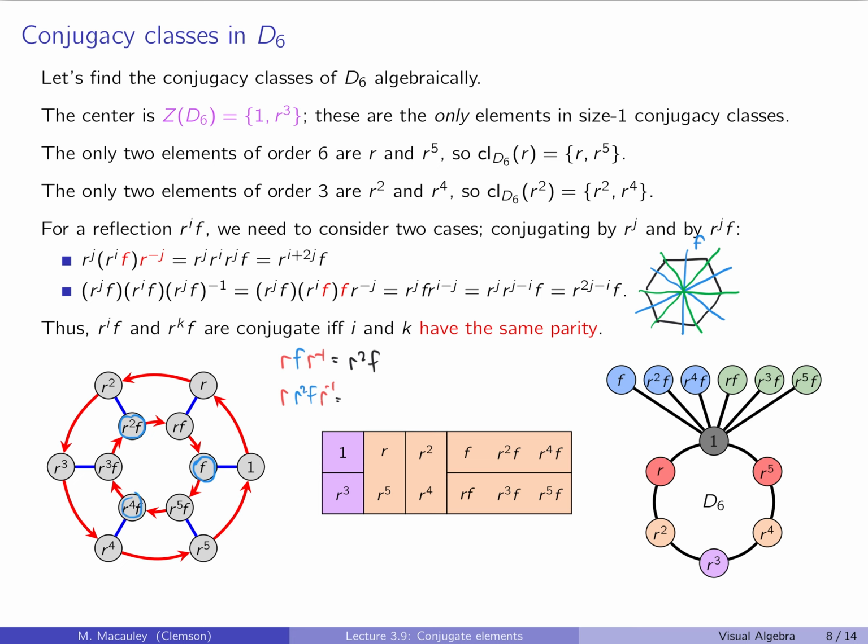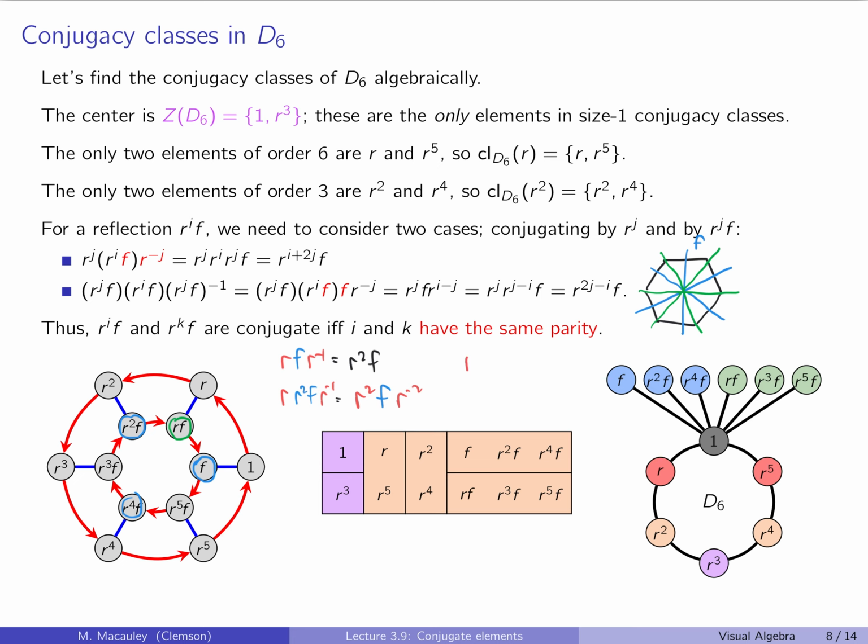And notice we could also write this as R squared F R minus 2. So in other words, conjugating by R just moves us around by 2. And if we conjugate by RF, let's just write this down.